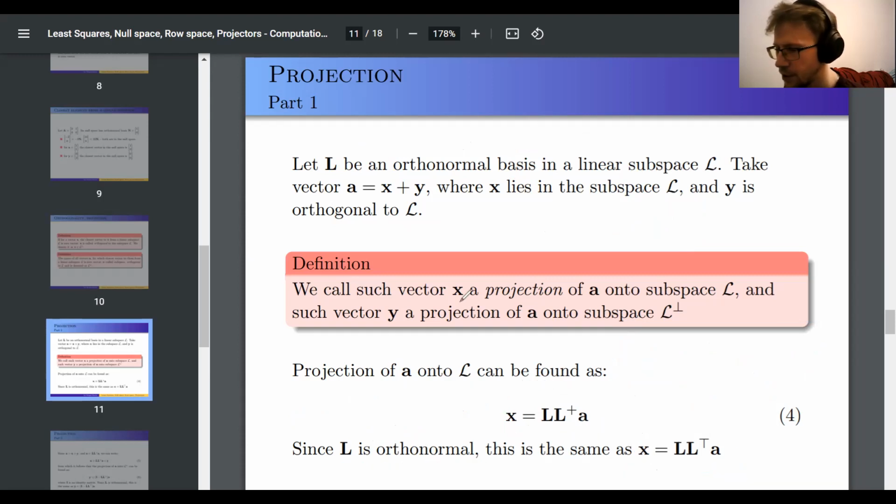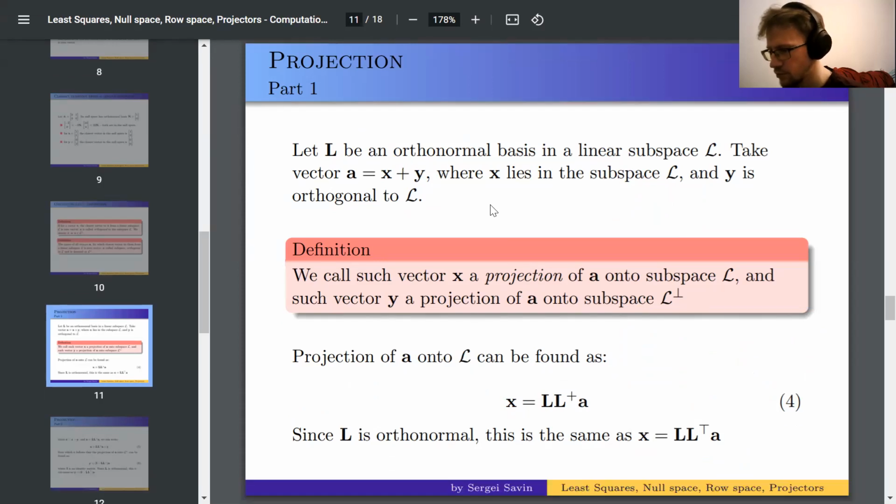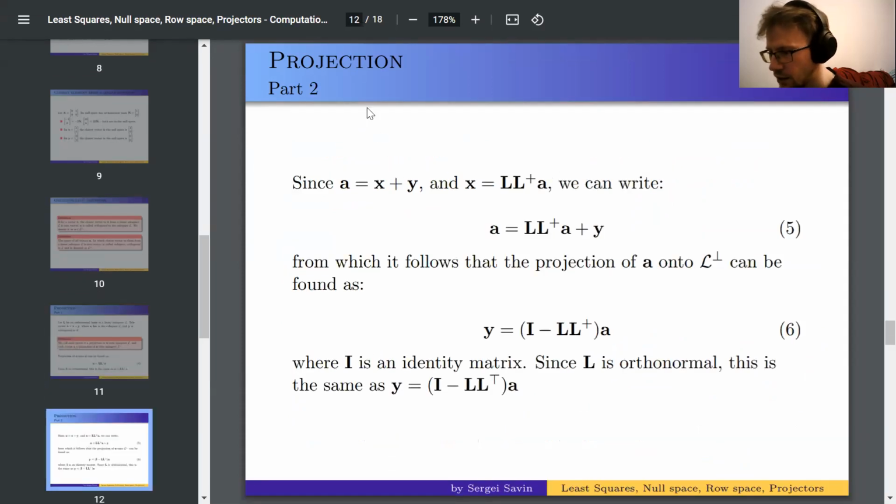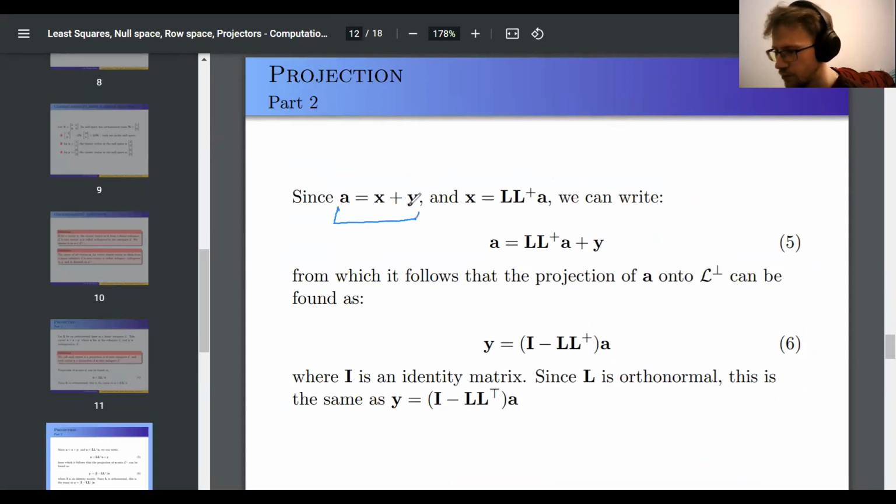Okay, good. Now, since this is true, and we know that X is equal to this, we can rewrite this whole thing as such. We can just substitute X here. From this, it follows that we can find Y by moving everything to the left-hand side.